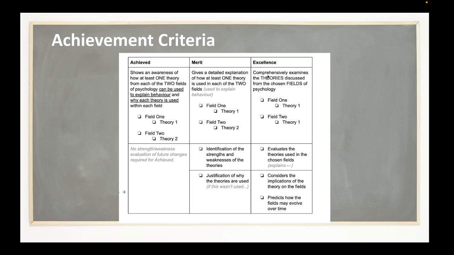An excellent psychologist knows the theories, knows how to use them out there in the real world, in the field, education and sports. They can evaluate them thoroughly using peer-reviewed research and journal articles. They know the implications of the theory, and they can predict how those fields might change over time. There's a lot going on there, but it is worth 5 credits.